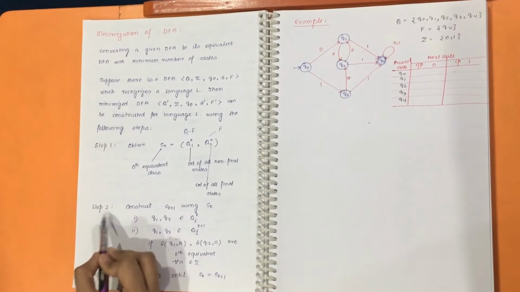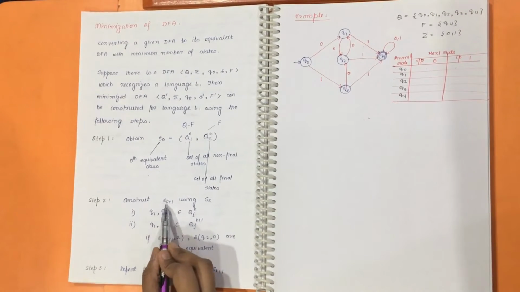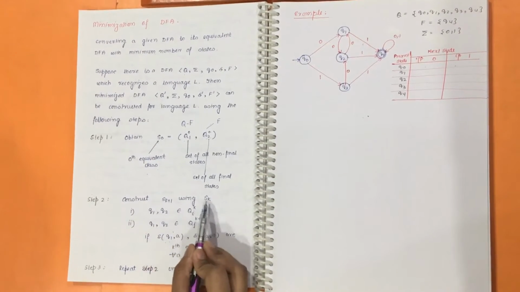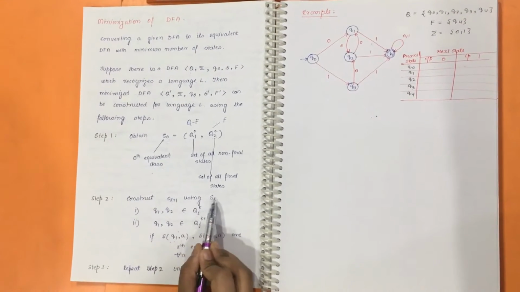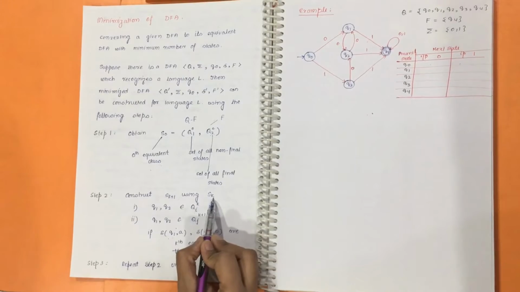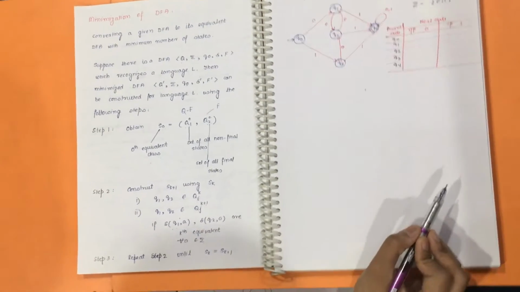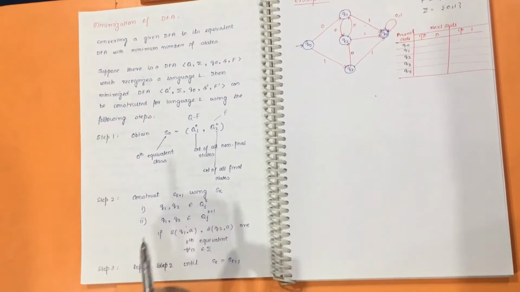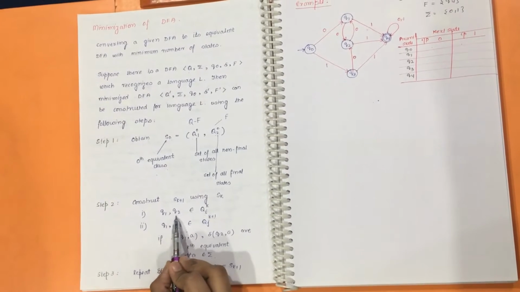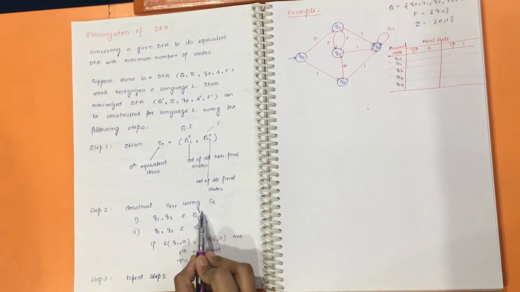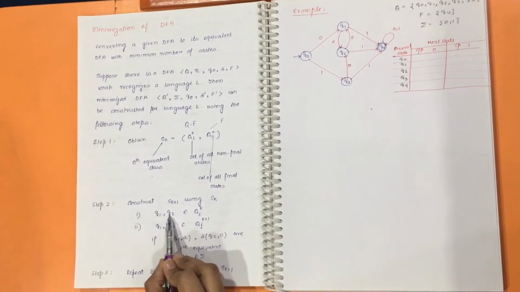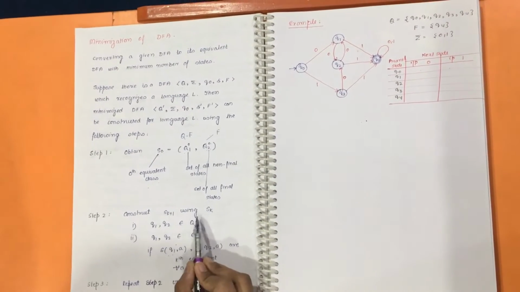Now in step 2 we'll construct Sk plus 1 using Sk. This is a successive step, and it will be obtained using the previous equivalent class. There are 2 simple conditions. First, we take any 2 states Q1 and Q2 from the same equivalent class Qik.